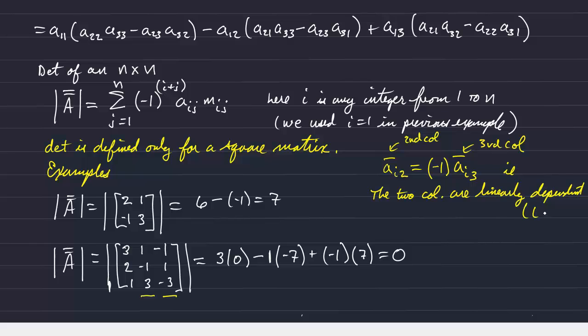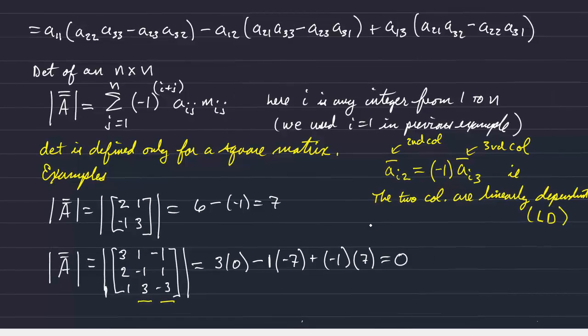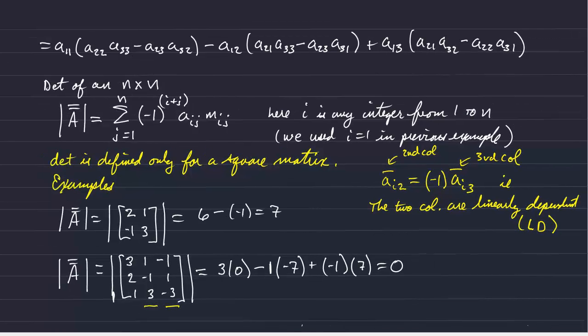I'll write linearly dependent as LD for short. So in general, when a matrix has linearly dependent columns, it satisfies the following equation, where C1 times the first column plus C2 times the second column plus C3 times the third column equals 0.